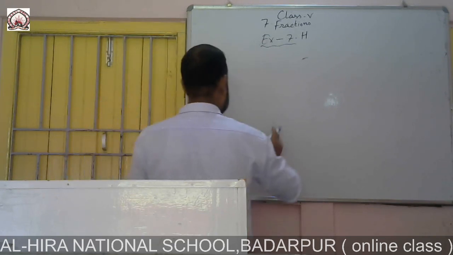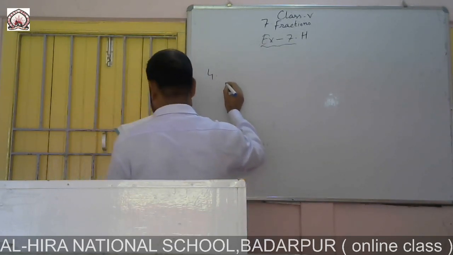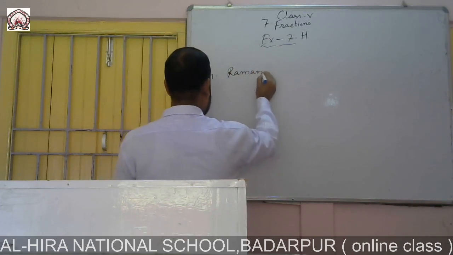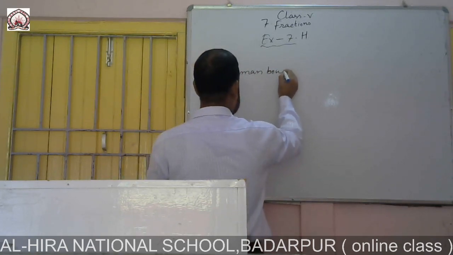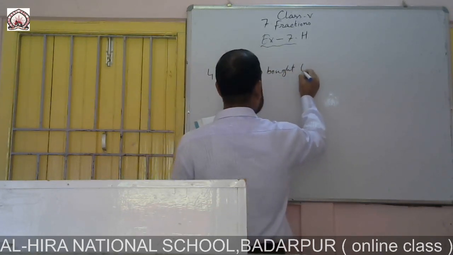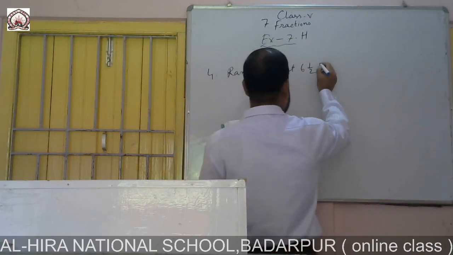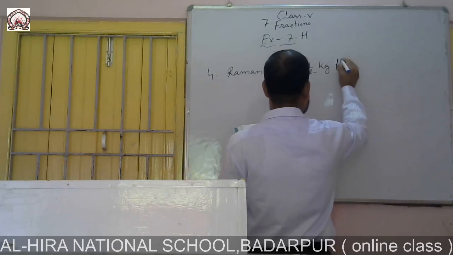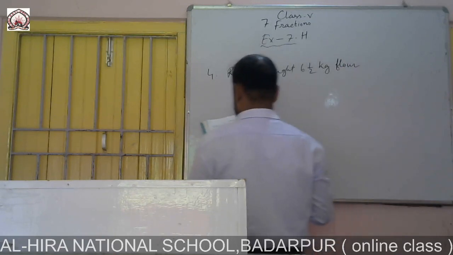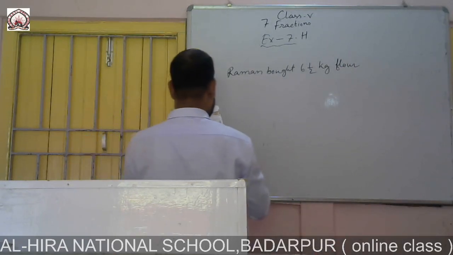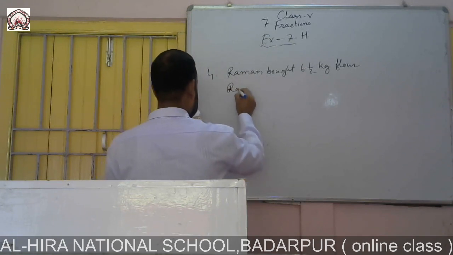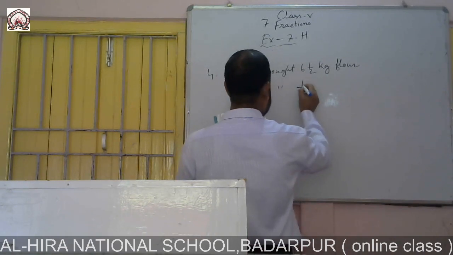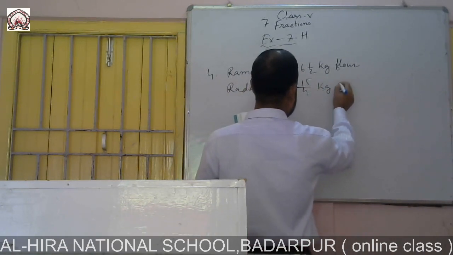So first, Raman bought 6 1/2 kg flour. Then Radha bought 15 by 4 kg flour.